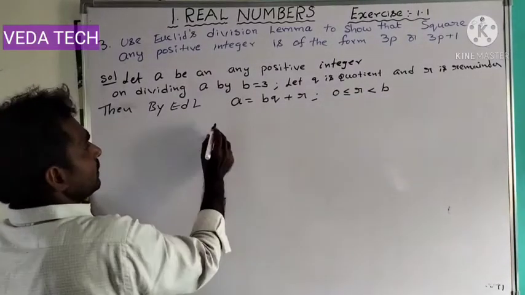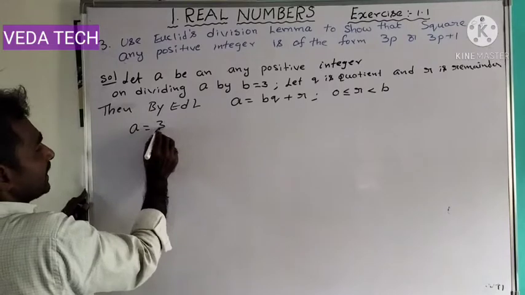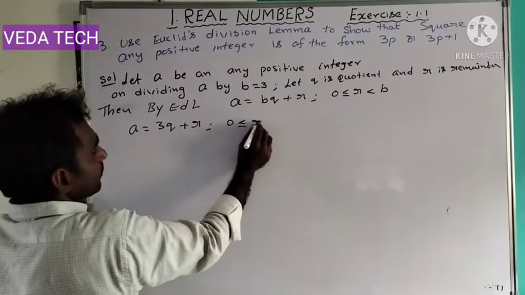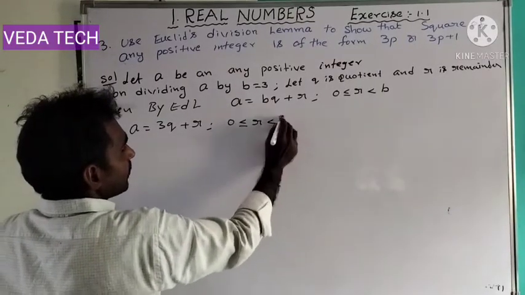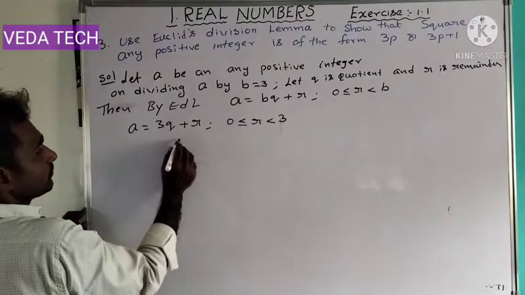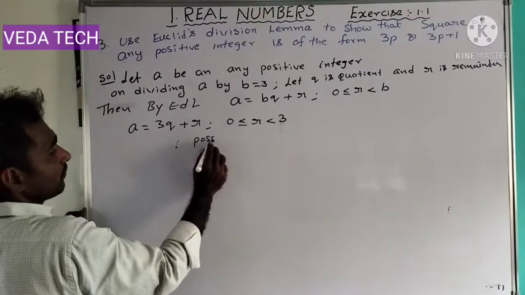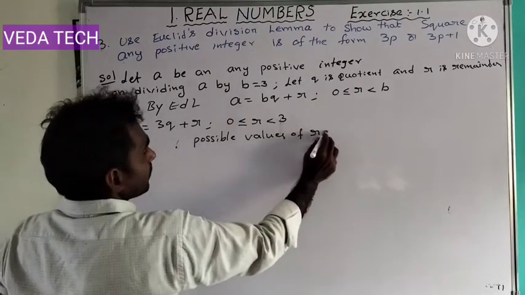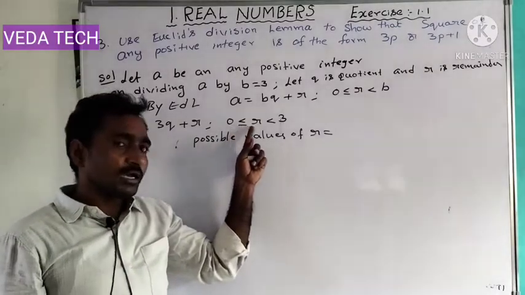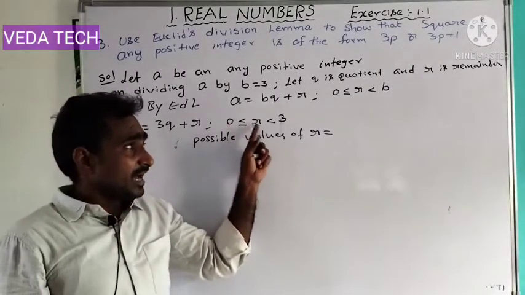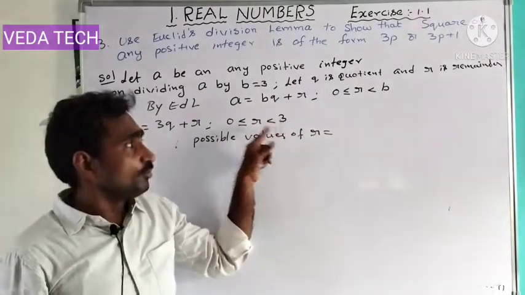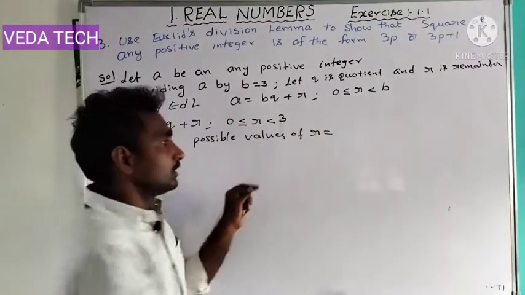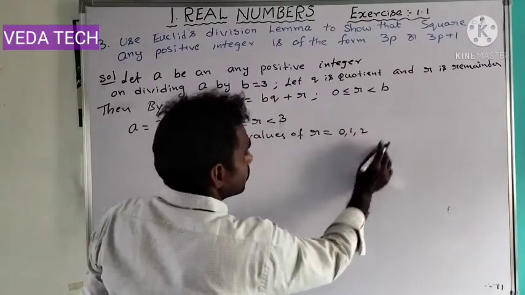Here the b value is 3, so a is equal to 3q plus r, where r lies between 0 and 3. The possible values of r are 0, 1, and 2.